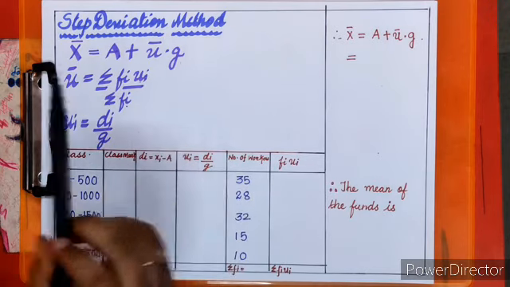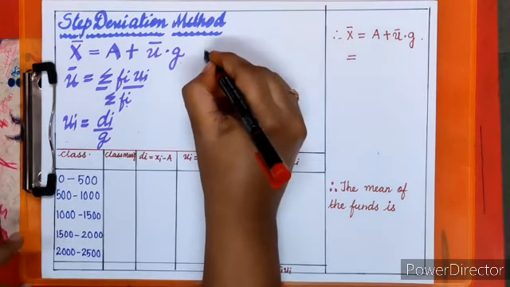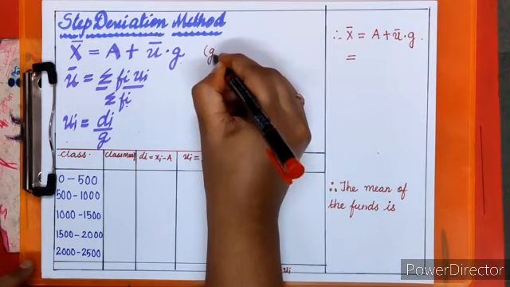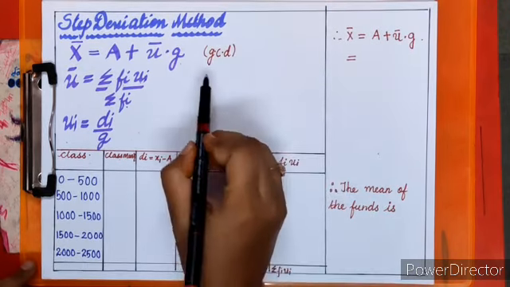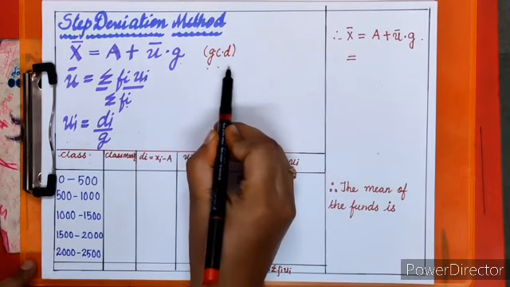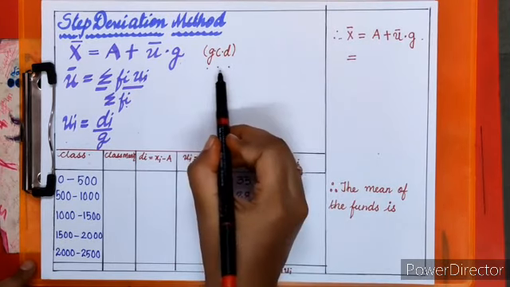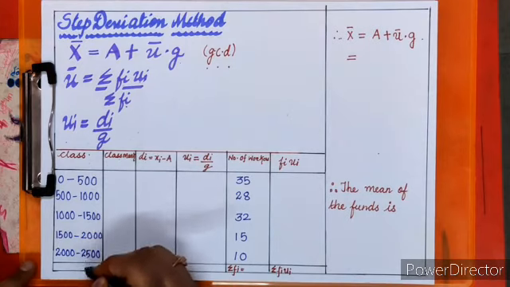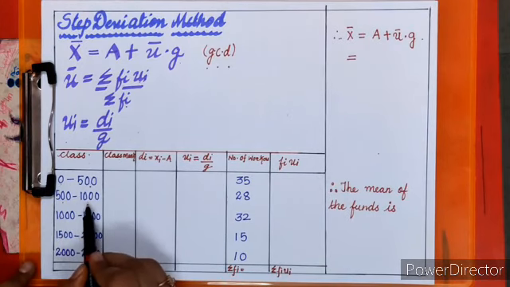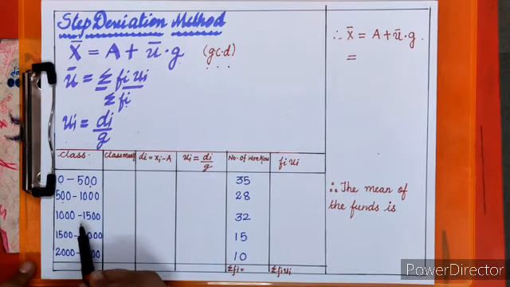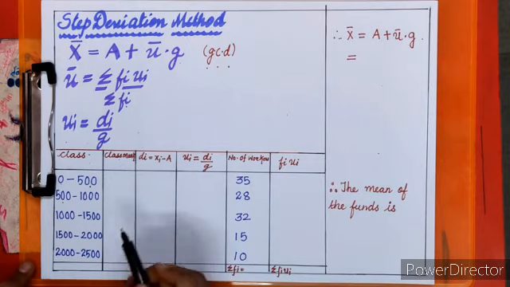Now, this G stands for GCD. GCD means greatest common divisor, the greatest common divisor of your class. Your classes are 0 to 500, 500 to 1000, 1000 to 1500, 1500 to 2000, 2000 to 2500.